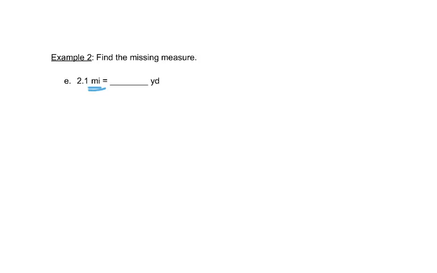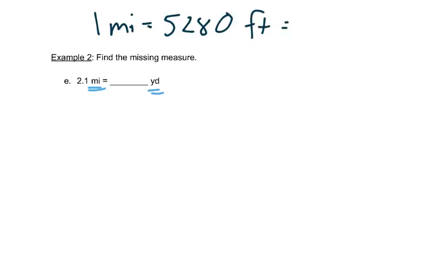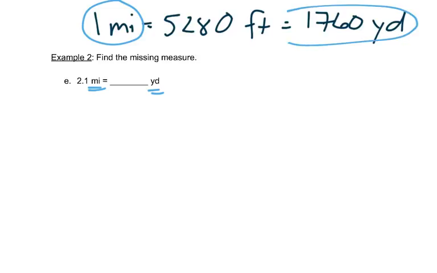So here we have miles and yards. The fourth line down on your conversion sheet says 1 mile equals 5,280 feet equals 1760 yards. Now I know that this has 3 parts, but we can just use this part and this part for this problem.